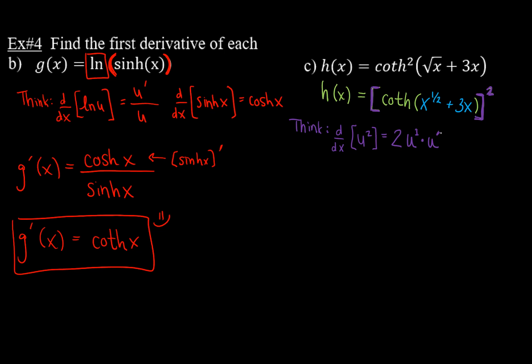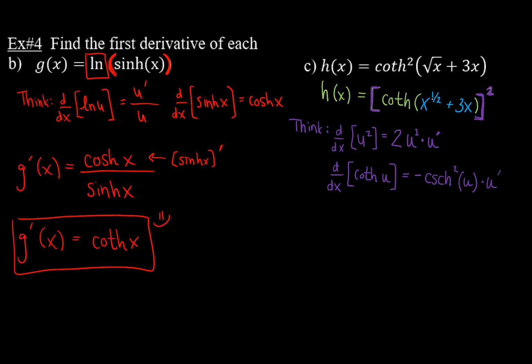But look at what's on the inside. Well, the inside is that hyperbolic cotangent with a funky inside of itself. So I'm also going to have to do the derivative of the cotangent of some value u, and that derivative is going to be the negative hyperbolic cosecant squared of whatever that u is times your u prime.